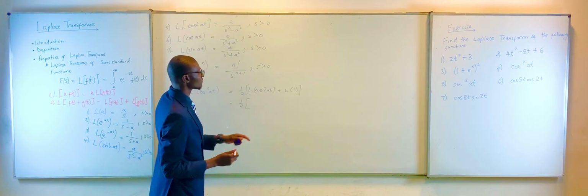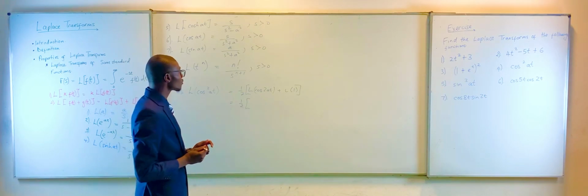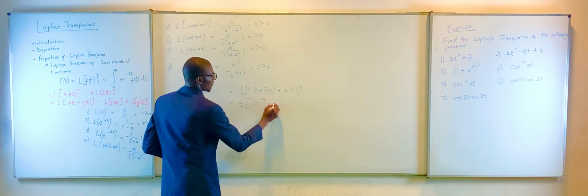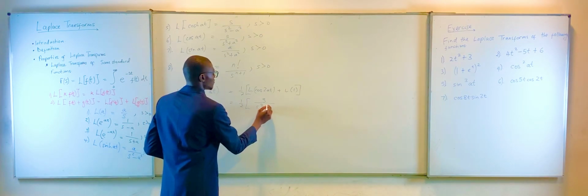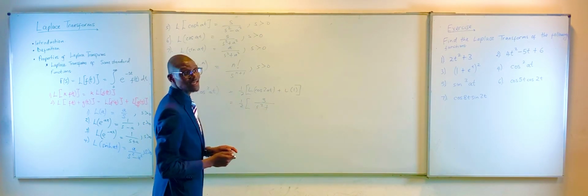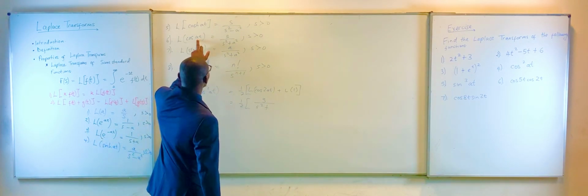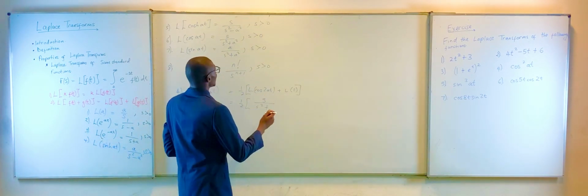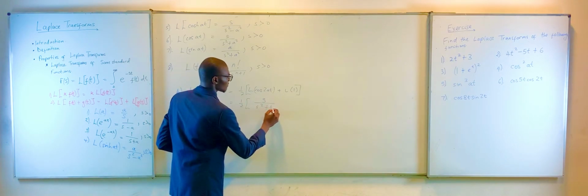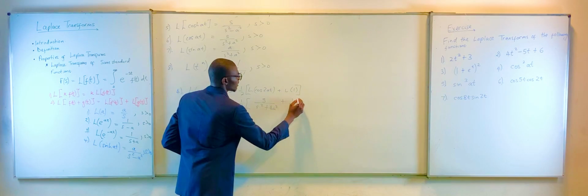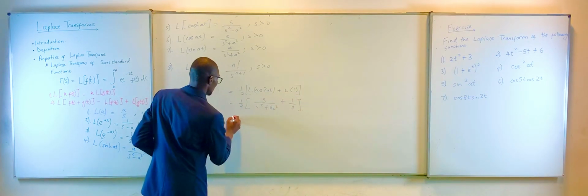so Laplace transform of cos 2at would be s over s squared plus, in this case our a from here, 2a squared, that will give us 4a squared. Then plus Laplace transform of 1, that's simply 1 over s.